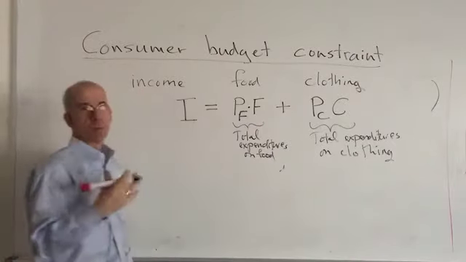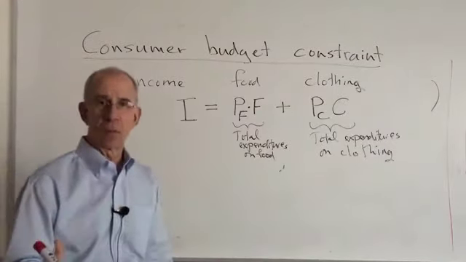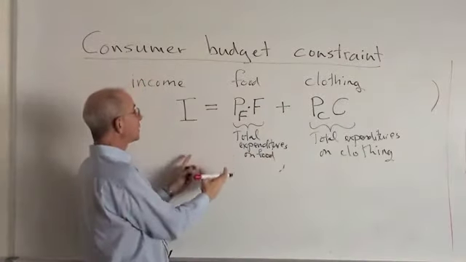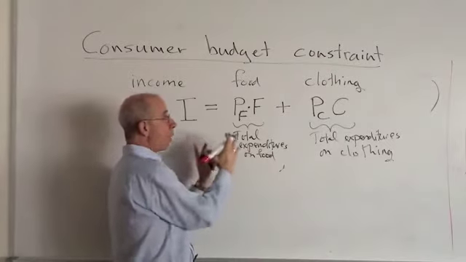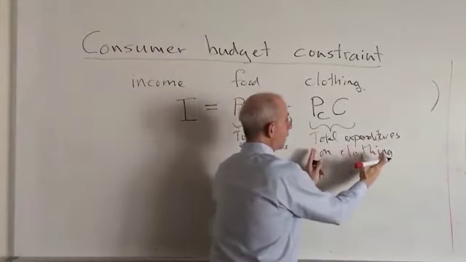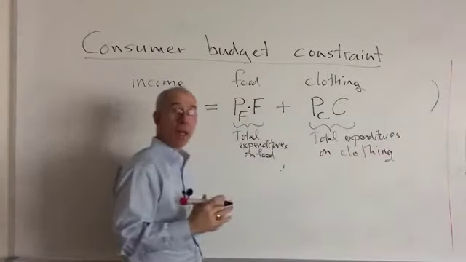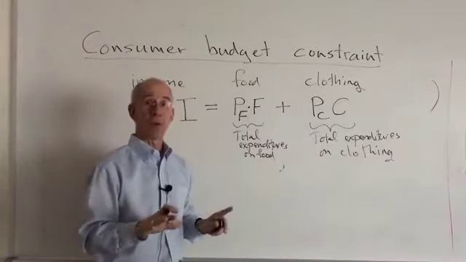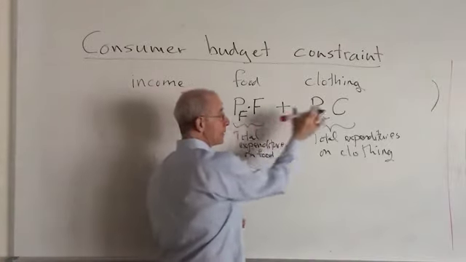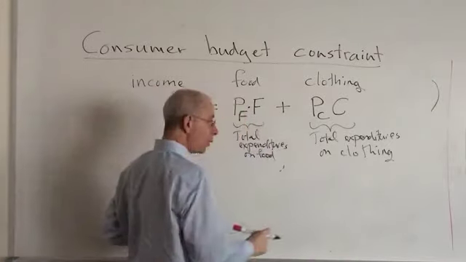Now this might be per month or per week or per year, whatever. I don't want to focus on this, but all we're saying here is that what you spend depends on how much you spend on food, how much you spend on clothing, and you have spent all of your income. So you take your income and you spend it on this and that. Okay.